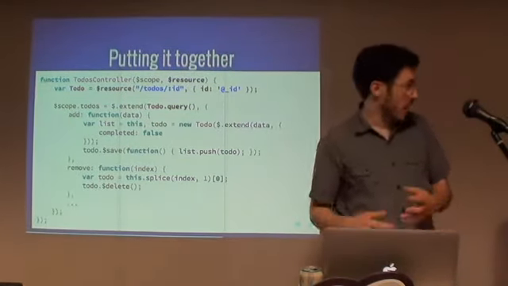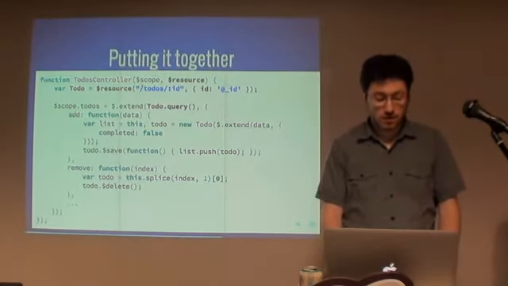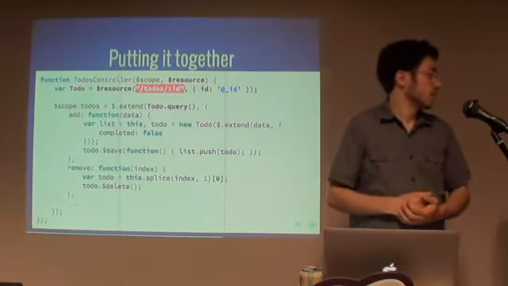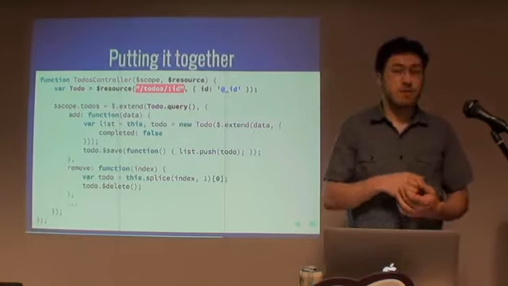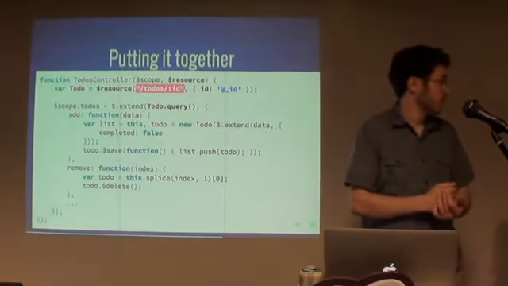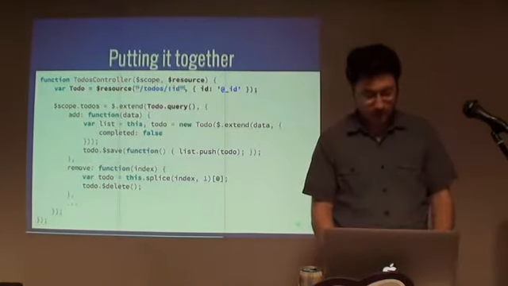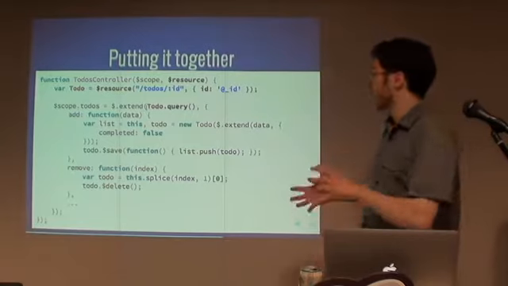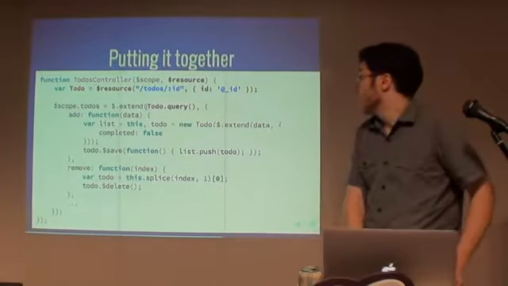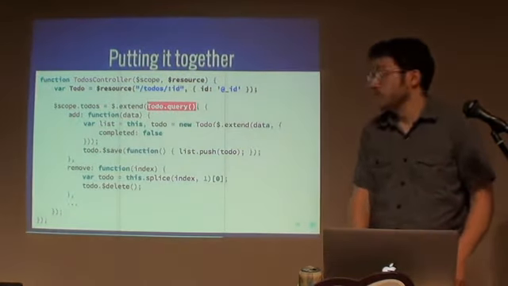This approach is bad because generating URLs on the client contradicts principles of HTTP. But for a simple example, it's fine. So instead of an empty array, we will query our list of to-dos.